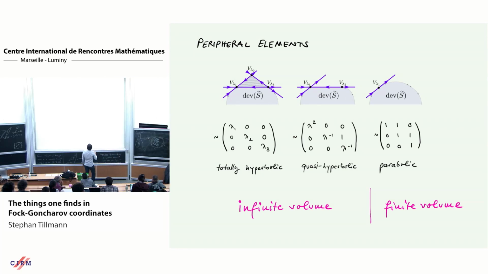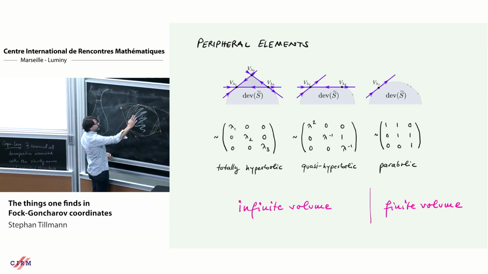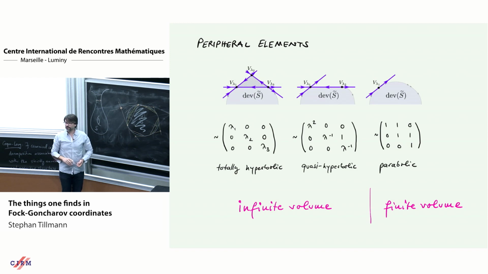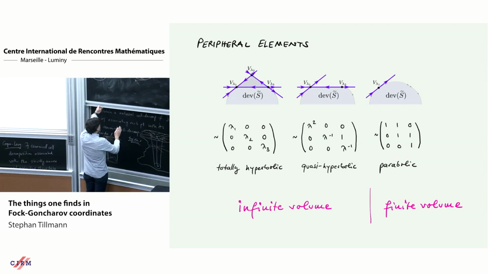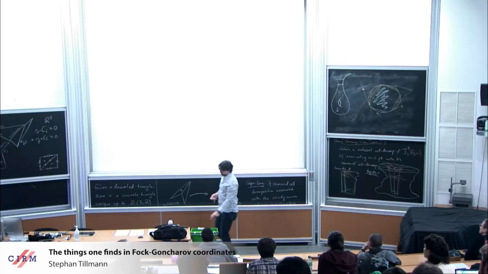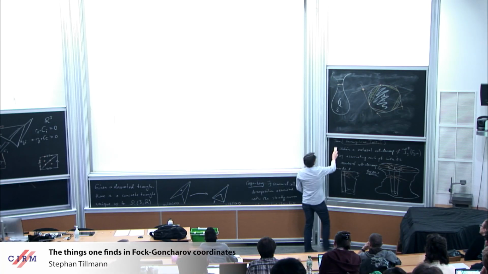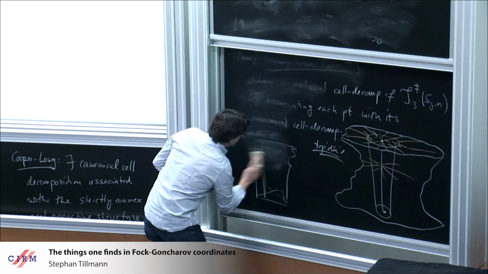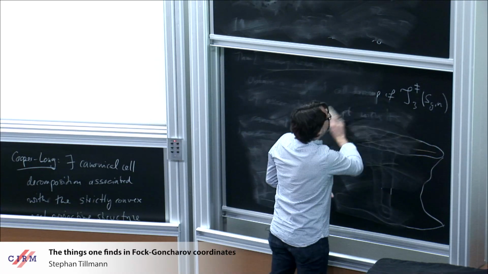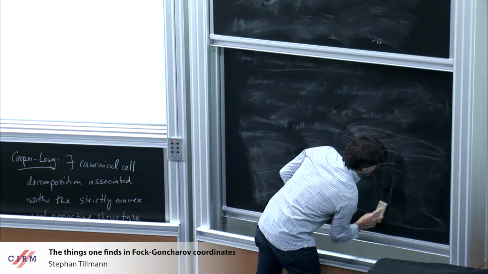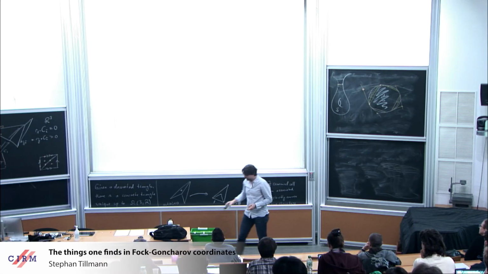And the thing is that these Fock-Goncharov coordinates basically pick up all the possibilities for the smallest domains that you can think about, and the largest domains that you can think about. So in that sense, let's go maybe to the picture.